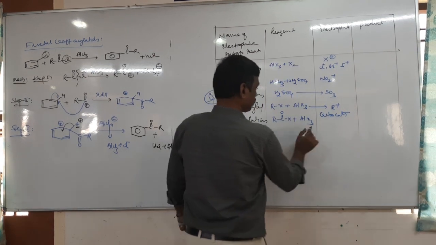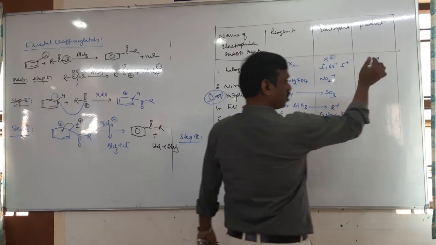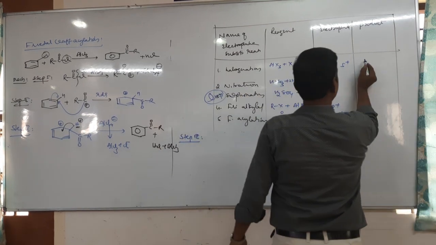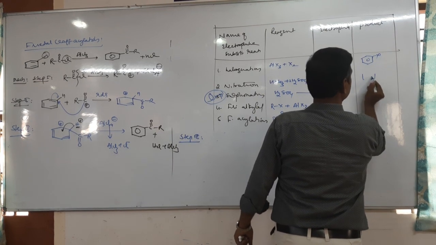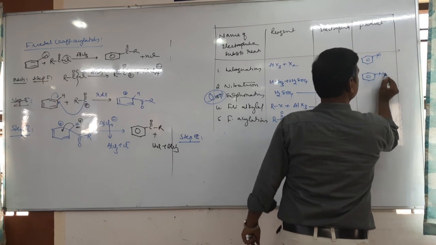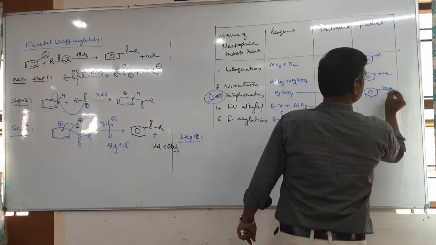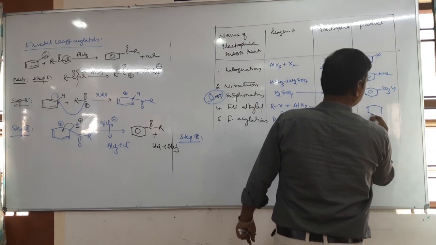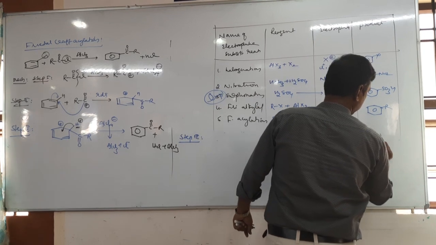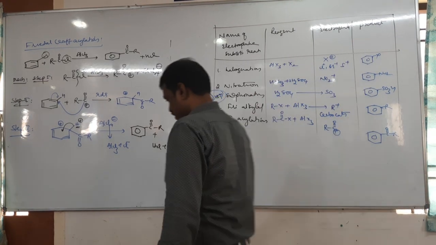Next is products. Will you write? What is the product here? Halobenzene. Here is nitrobenzene. Here is benzene sulfonic acid. Here is alkyl benzene. Here is aromatic ketones.